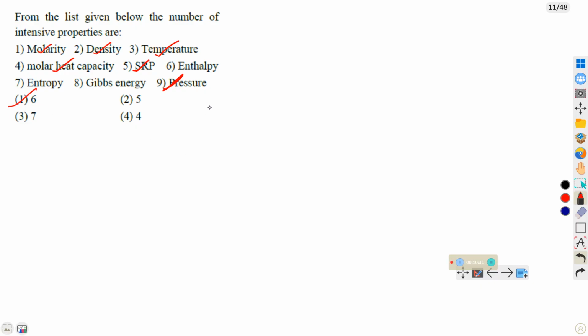So now you can see how molarity is an intensive property. Molarity means number of moles by volume. Number of moles depends upon mass, so it is an extensive property. Volume also depends upon mass, an extensive property.